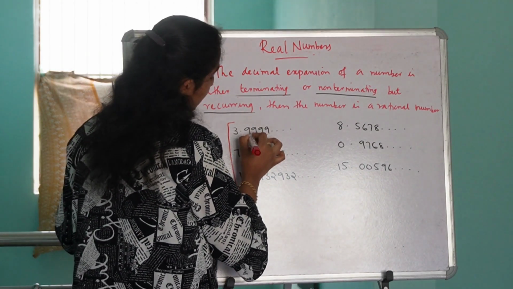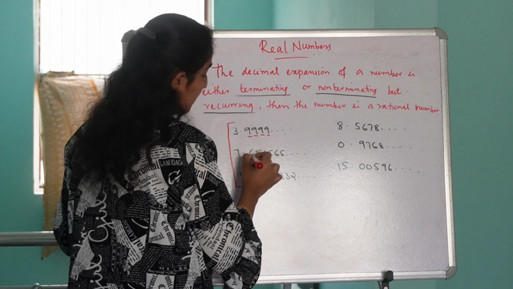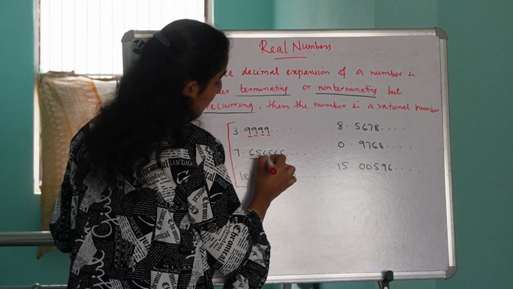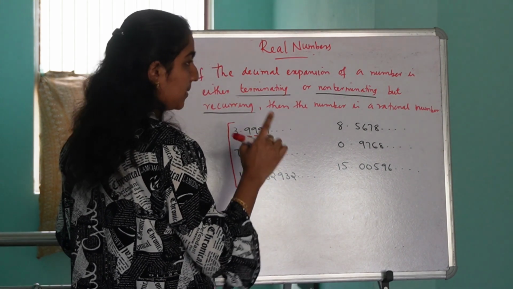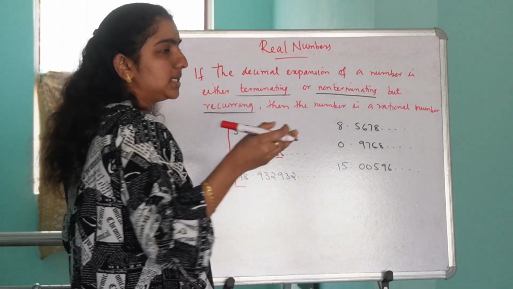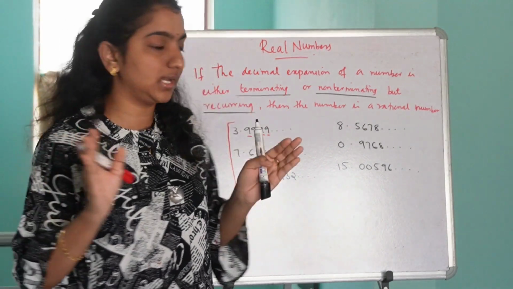Here the number 9 is getting repeated. And here the number 65, or we can say the set of two numbers 6 and 5, is getting repeated uniformly, like 65, 65, 65. Is it clear?